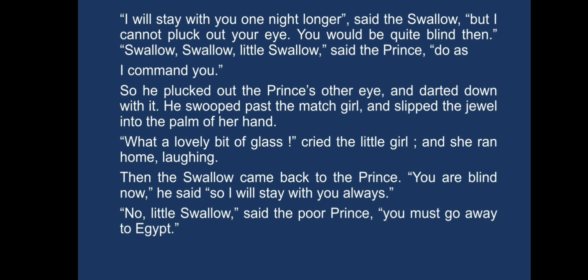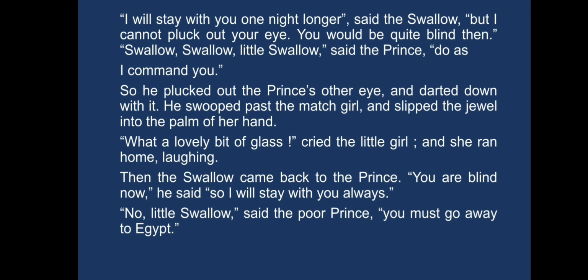Swallow agreed to stay with him for one more night, but he refused to take out another sapphire because if he did that, the happy prince would be blind. Again, the happy prince told Swallow to do what he had ordered him. So finally, the swallow obeyed the happy prince's order.